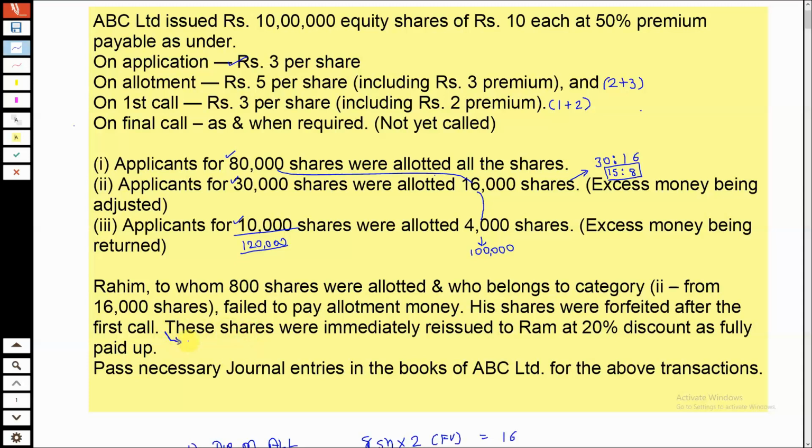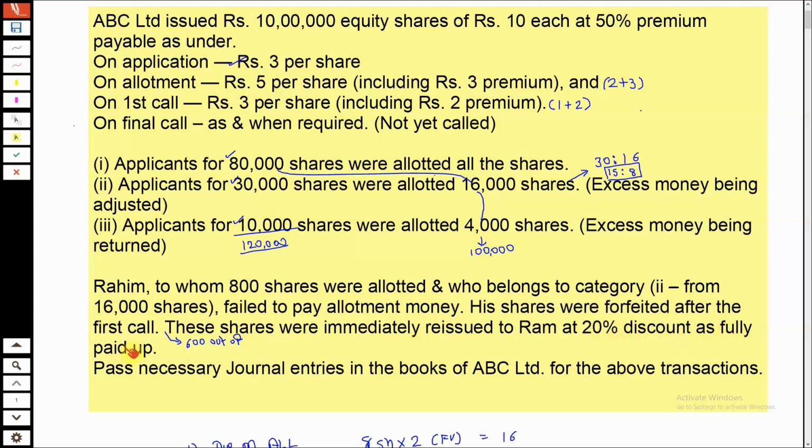So I am writing here कि 600 out of these shares, यानी हम reissue कर रहे हैं 600 shares at 20% discount. It means face value थी 10 and 20% discount. So 2 रुपया discount, 8 rupees में reissue होगा as fully paid up.